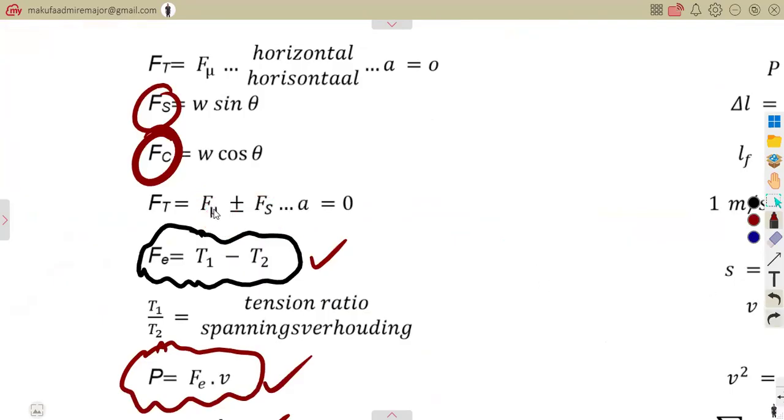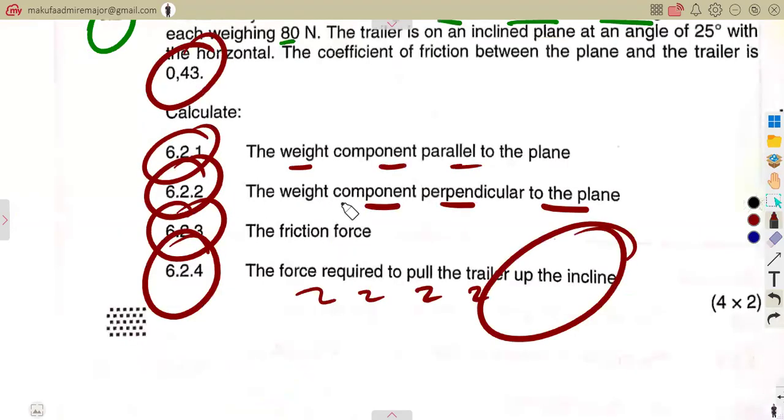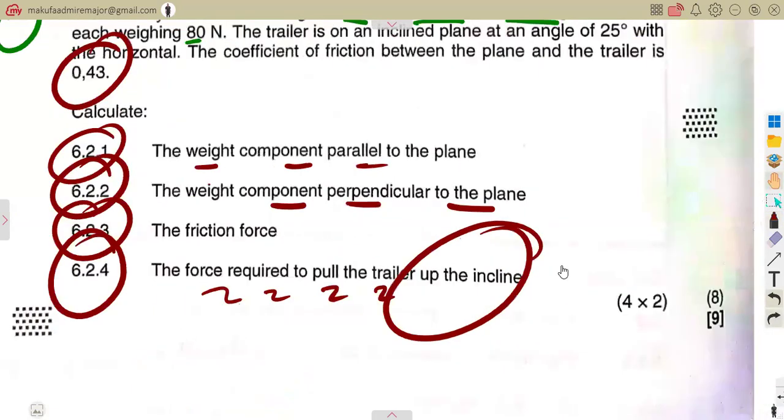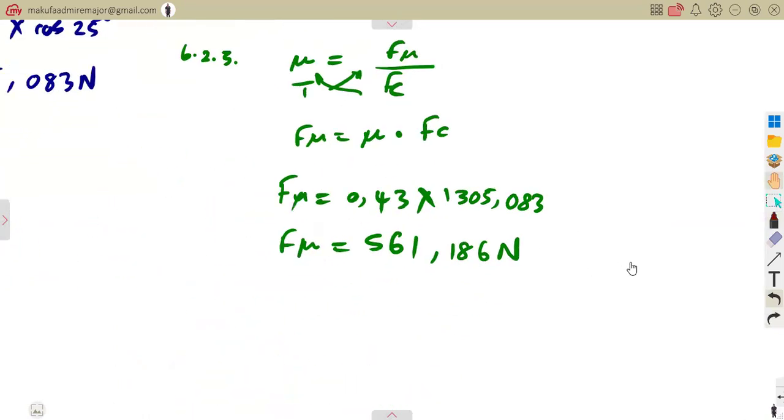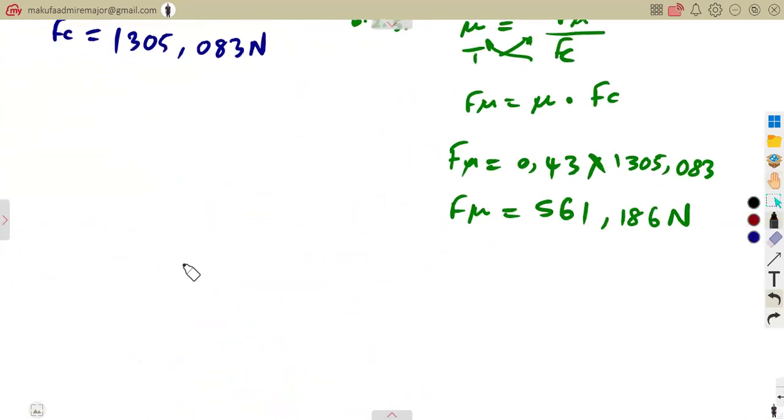When it is going up, that's your frictional plus Fs. When going down, you take the negative. So in this case, we are going to focus on the positive as it is going up. So F up, that is the sum of those two. In this case, the 6.24.